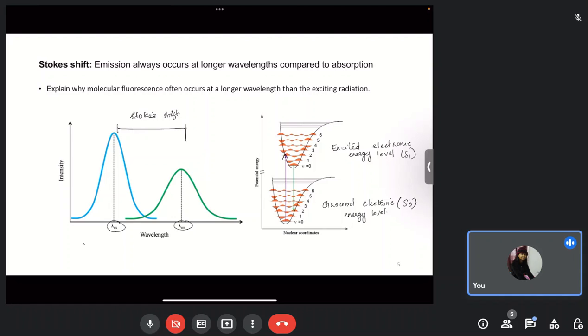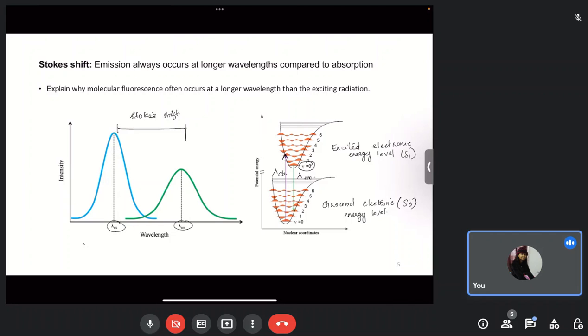Consider this is lambda absorption. Once it reaches one of the vibrational energy levels of the first excited state, it will undergo different non-radiative pathways to relax back to the lowest vibrational energy level of the first excited state, and from there it will come to one of the vibrational levels of the ground state using a radiative pathway called fluorescence, emitting a wavelength called lambda emission.